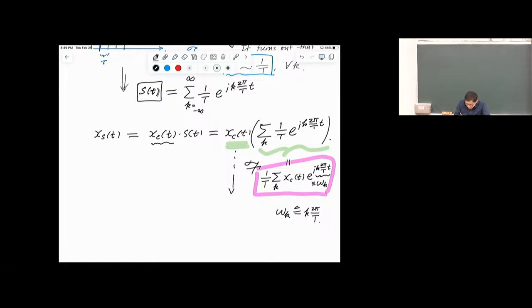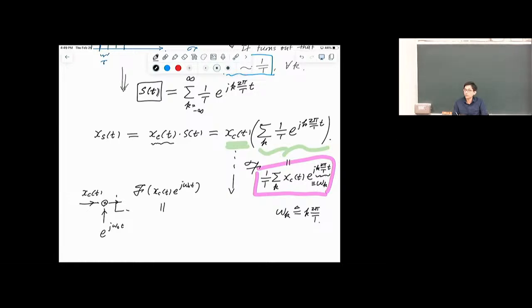So here is the concept. When we have any signal xc of t and we multiply it with e to the j omega 0 t in the time domain, then the Fourier transform of xc of t times e to the j omega 0 t, for any fixed constant frequency, is equal to a shift in the frequency domain.